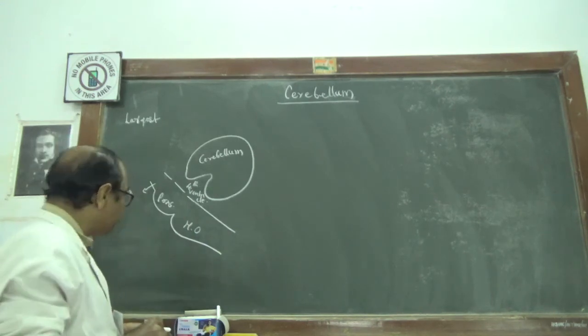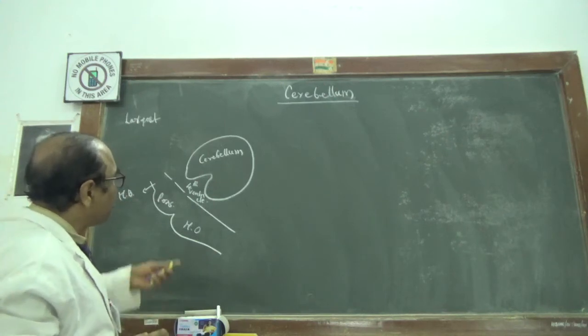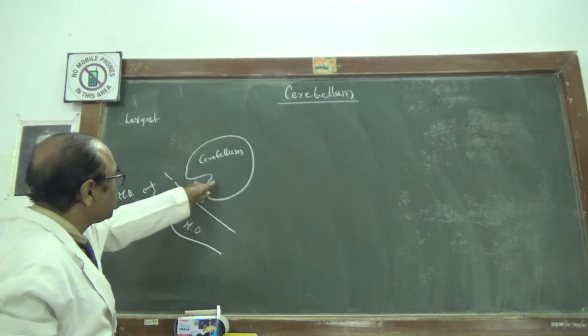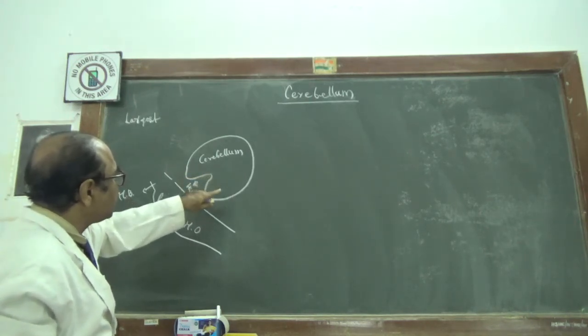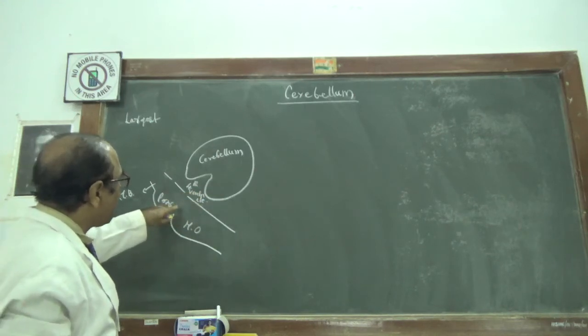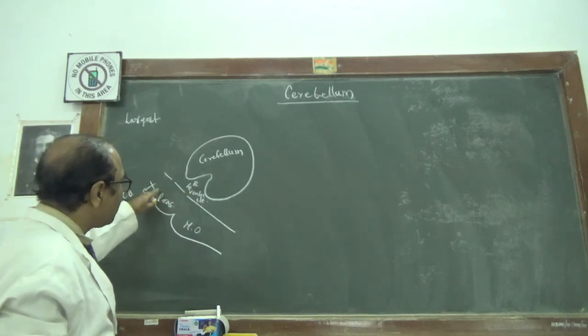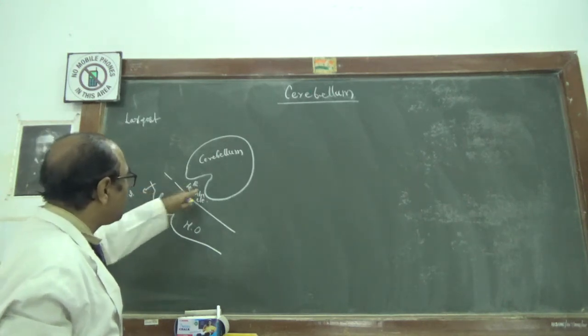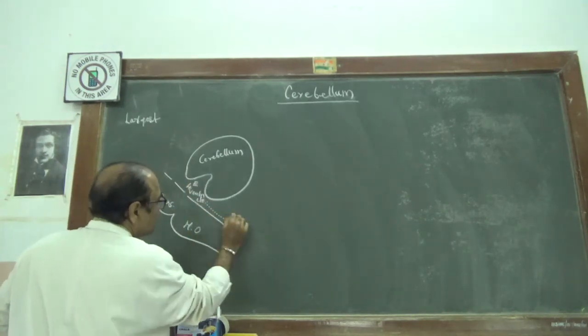It is present on the median plane and it is separated from the pons and the medulla oblongata of the hindbrain by means of the fourth ventricle.